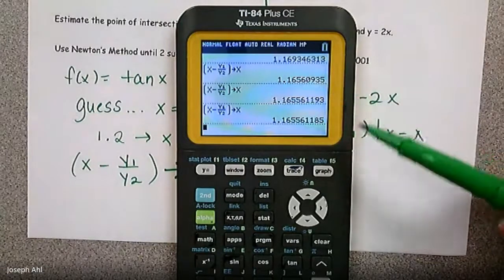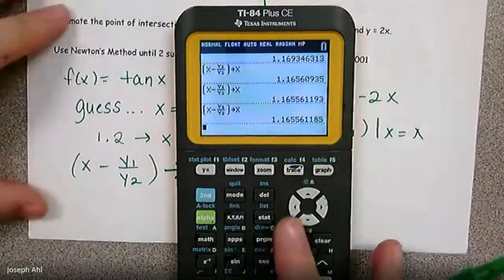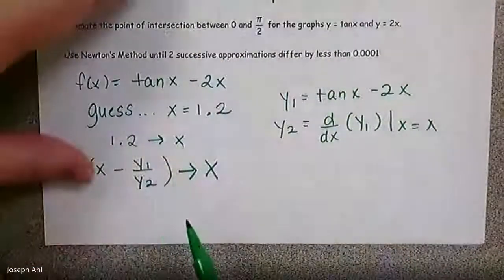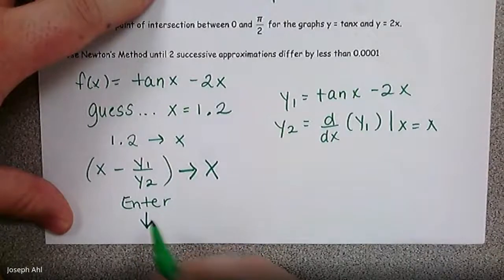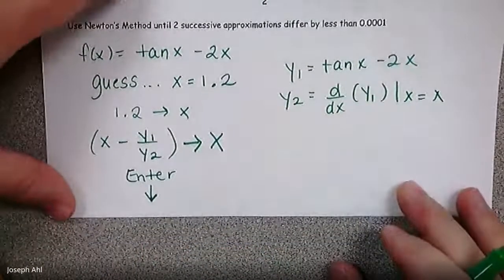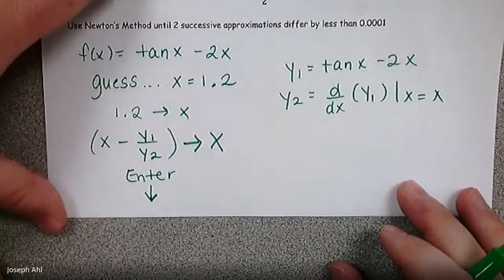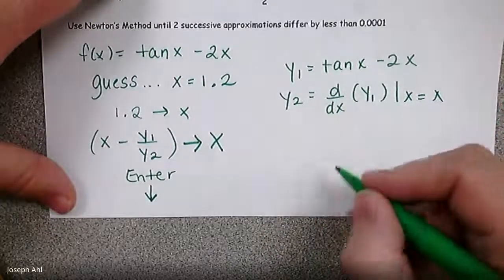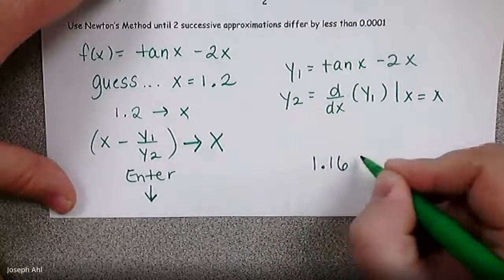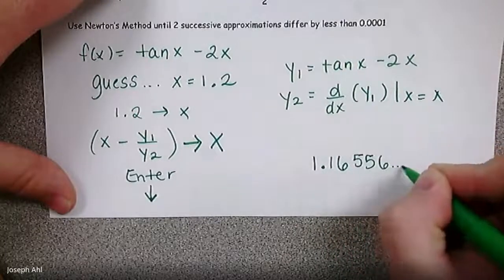Sorry. So if you enter it this way and just keep hitting enter, that's going to run through all the iterations that we need. And it turns out that the best approximation for the point of intersection here is approximately 1.16556.